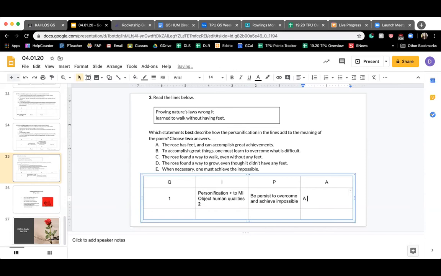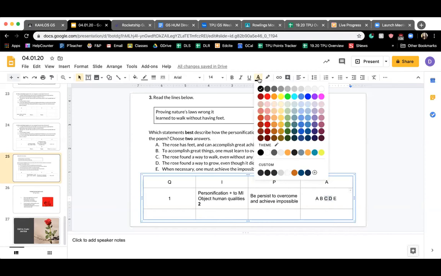So now I'm going to look at my answer choices. As I look at my answer choices, there are 2 answers that I have chosen. Now, none of you chose C or D. You said, nope, Ms. Patel, that is not a correct answer.